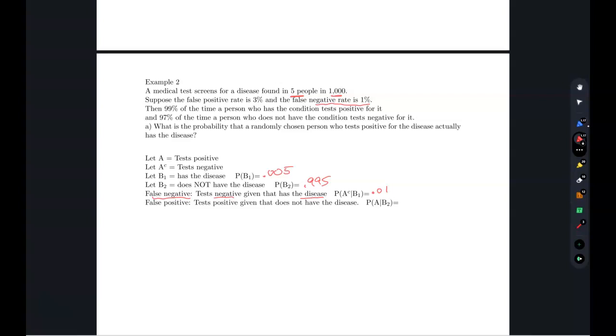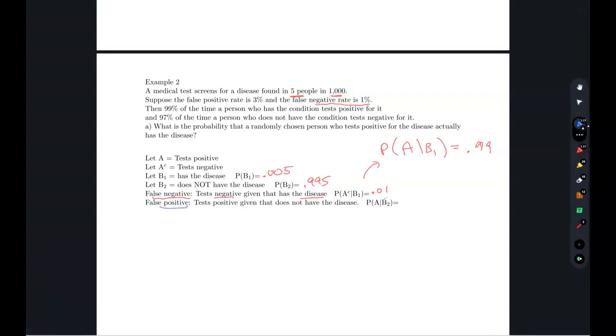The complement is that they have the disease and test positive, which is what you want the test to do, so that's 0.99.